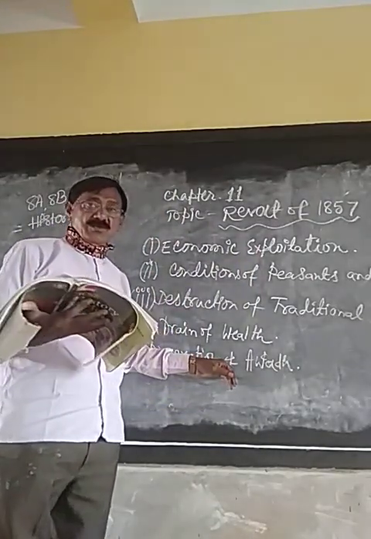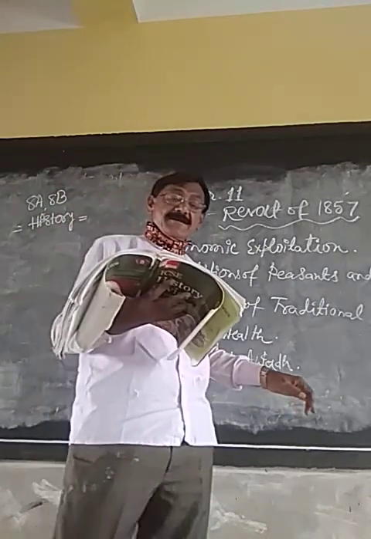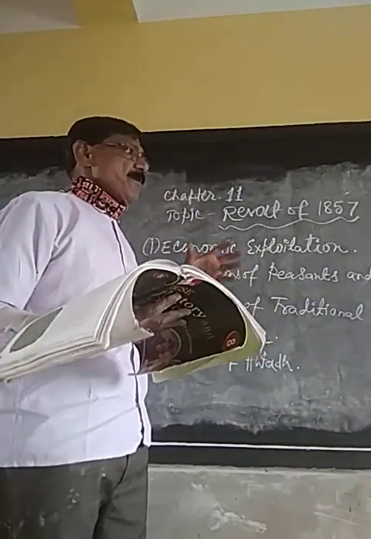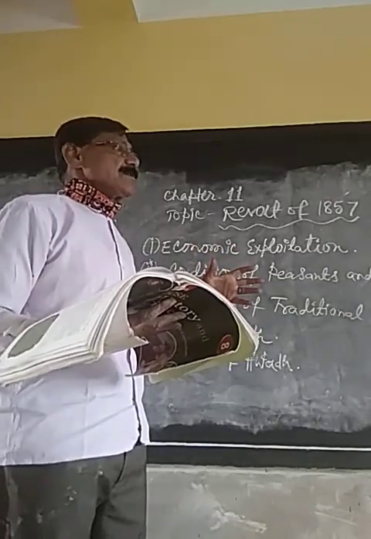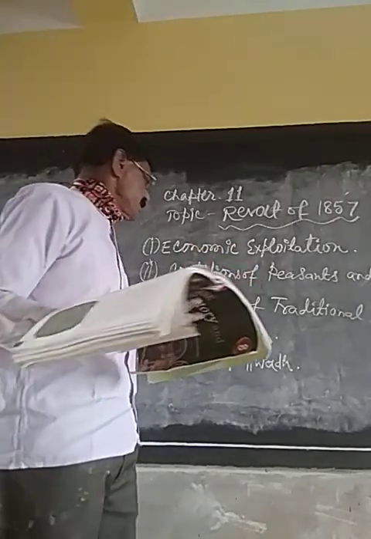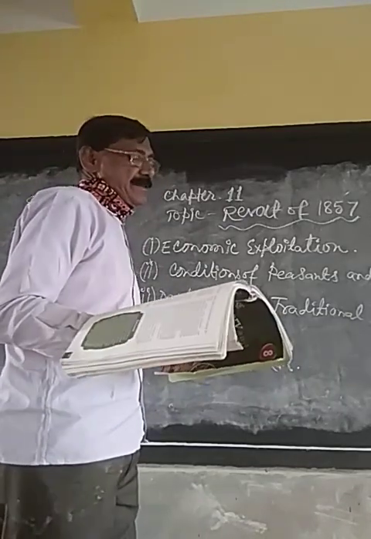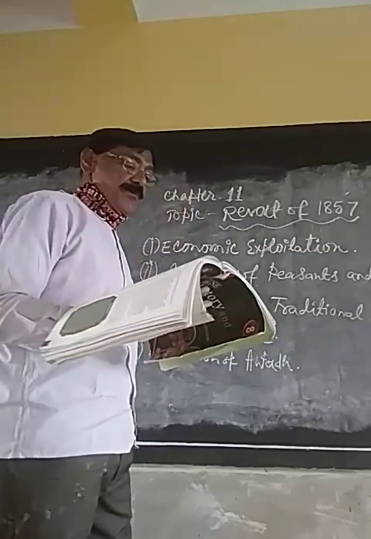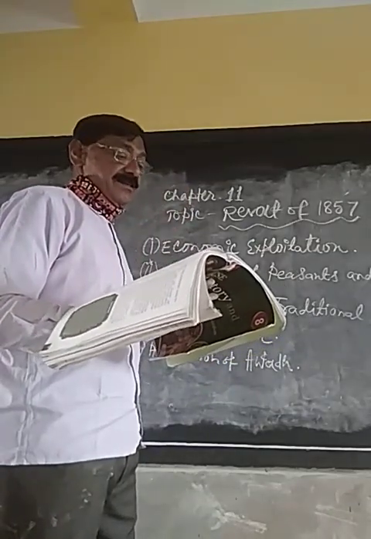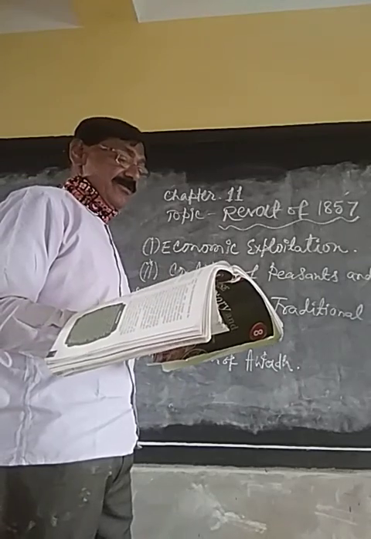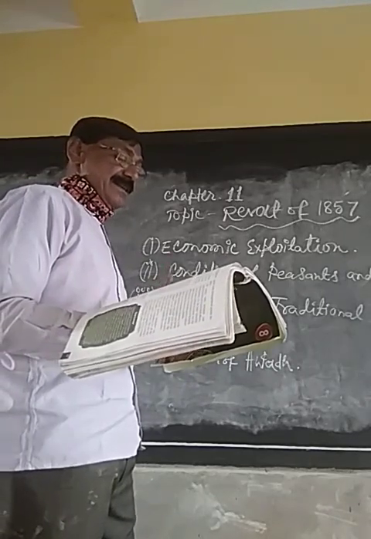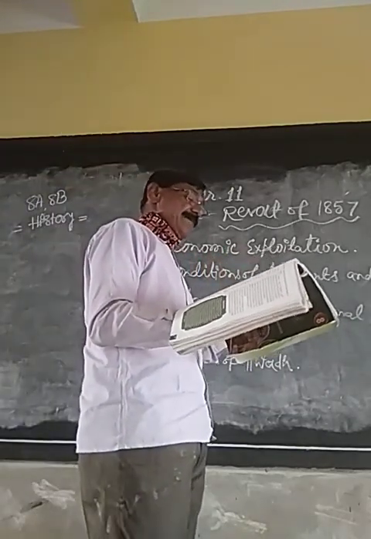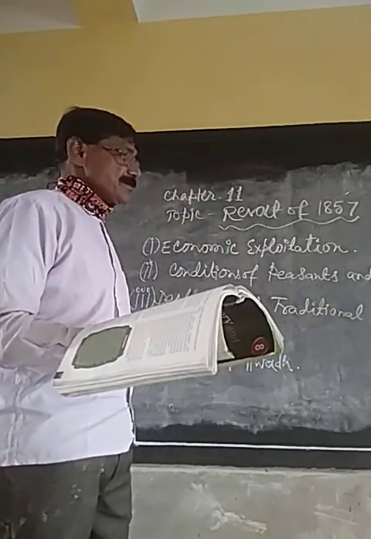When Ayodhya was annexed, the estates of the talukdars and zamindars were confiscated. All the properties of the talukdars and zamindars were confiscated, especially when Ayodhya was annexed by the British. And not only that, the annexation of more and more Indian states resulted in the dismantling of courtly life and administration of the regional kingdoms.